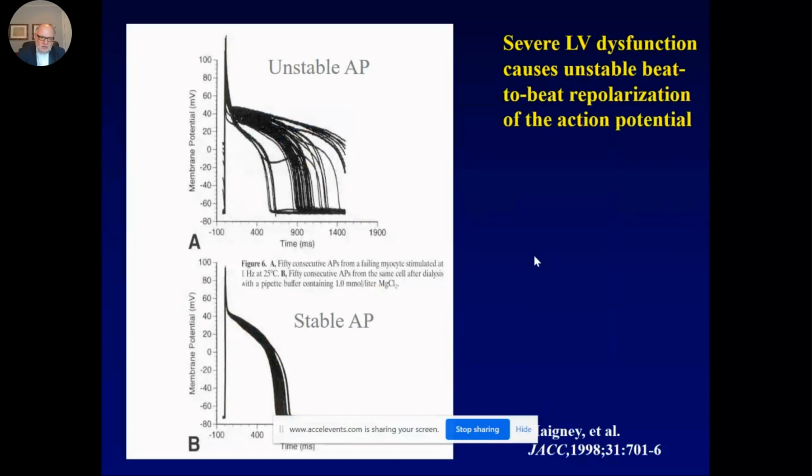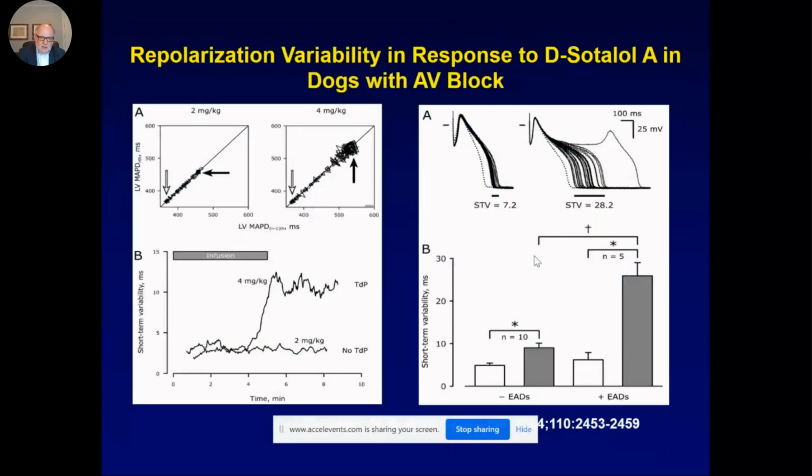And this is not only work in this type of LV dysfunction model, but also if we look at dofetilide in dogs with AV blocks, which is also one of the classical models, you see that this variation of action potential is really large and gives rise potentially to early afterdepolarizations.